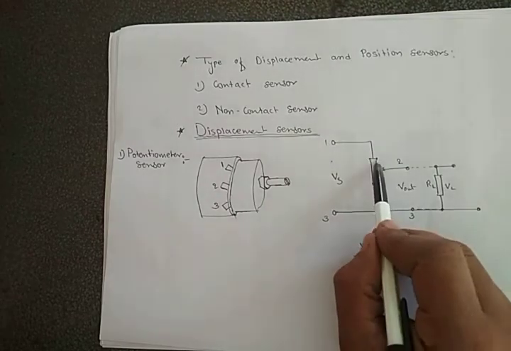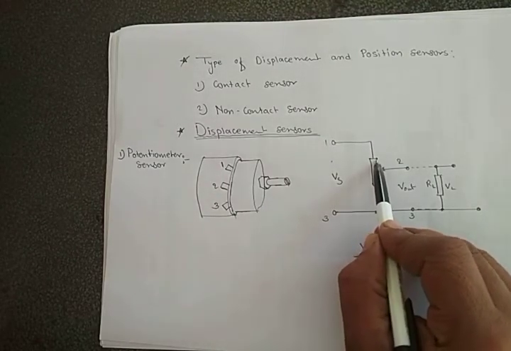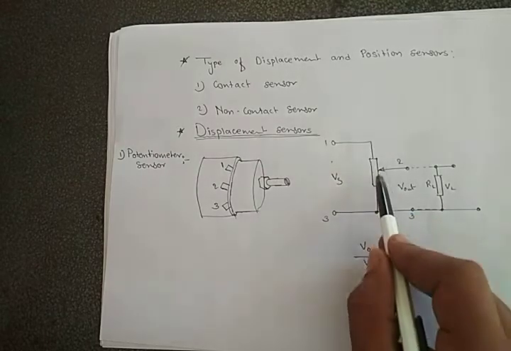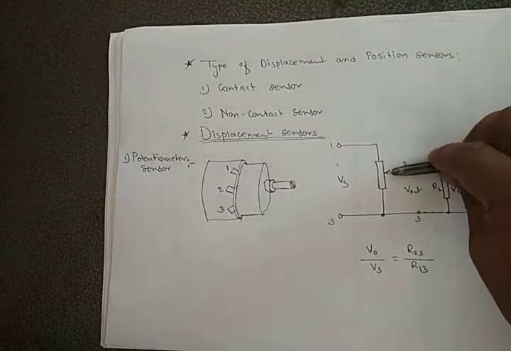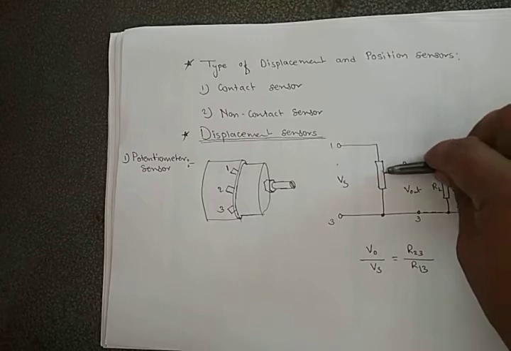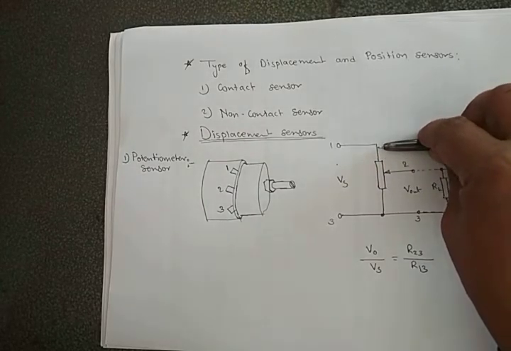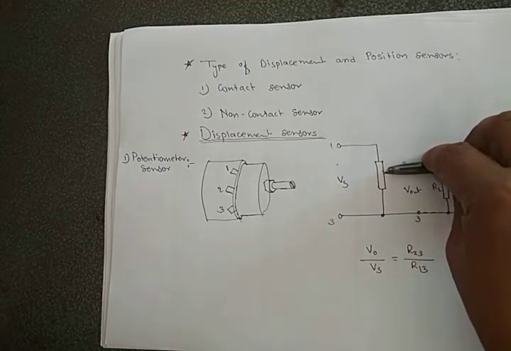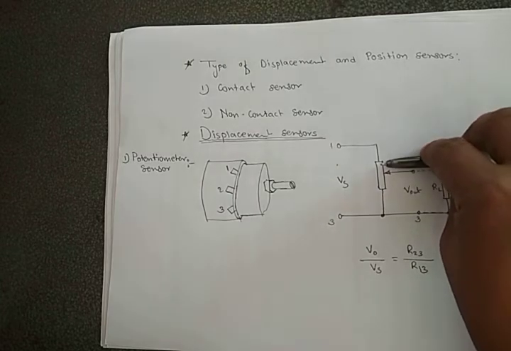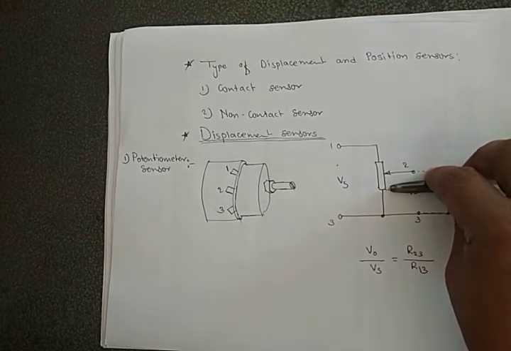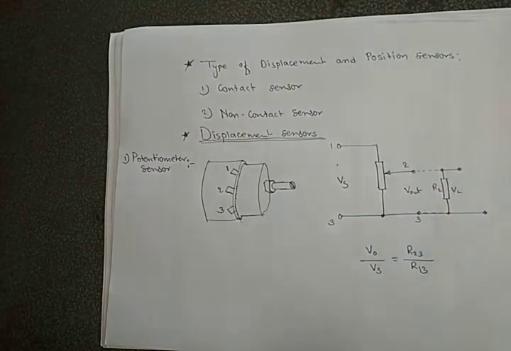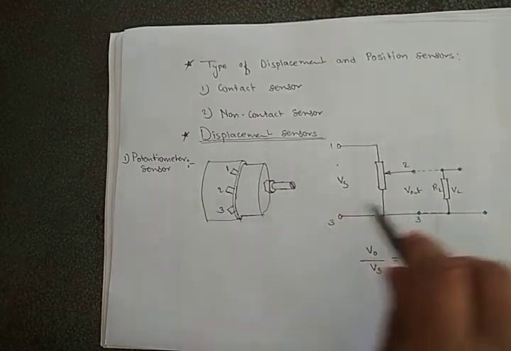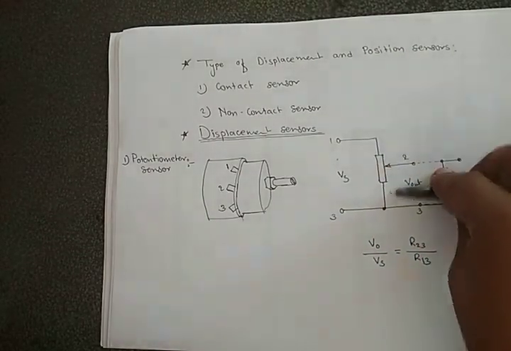Means if you come near the first point, the resistance will be very less; this is the sliding contact. And if you slide far from that point, near the third point, the resistance will increase, and this gives you the potential difference. By that potential difference, you can identify how much distance you have traveled.